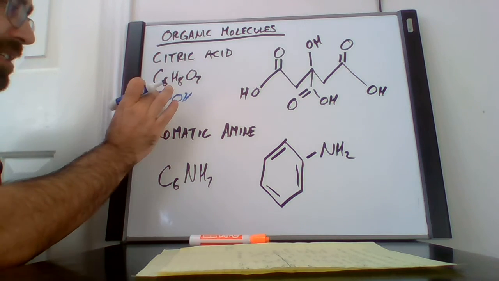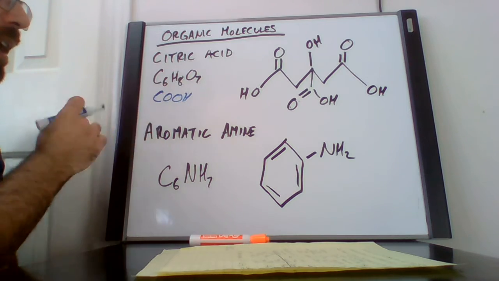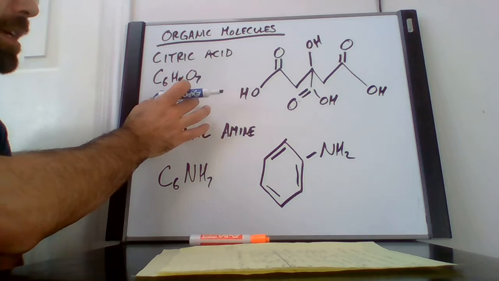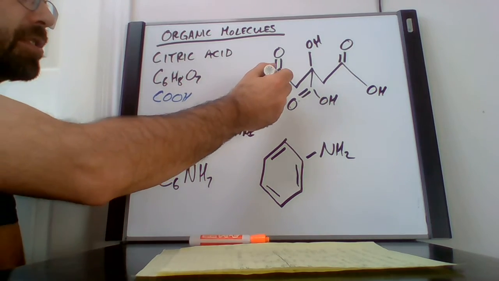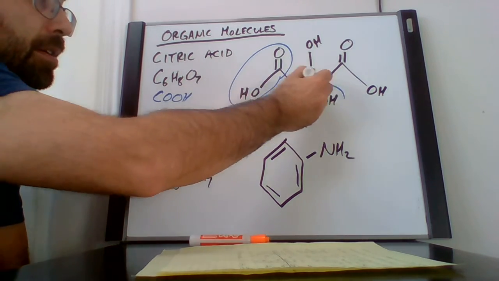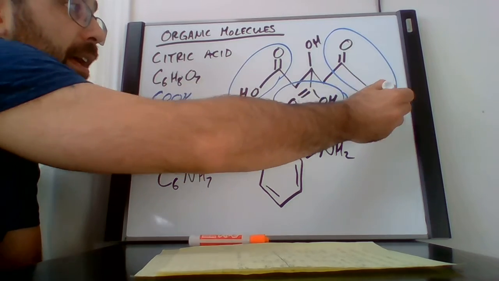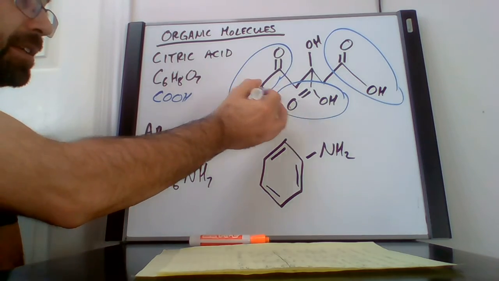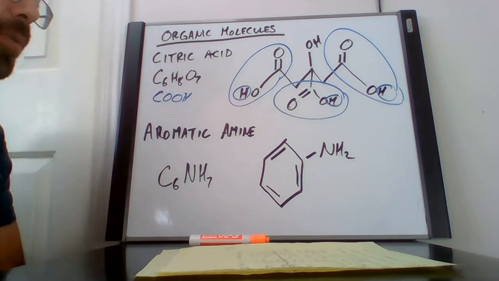We see this in acetic acid, but we also see it here in citric acid. In fact, we've got 3 of these COOH situations: 1, 2, and 3. Any of those could be a proton donor, donating the protons on the OH.